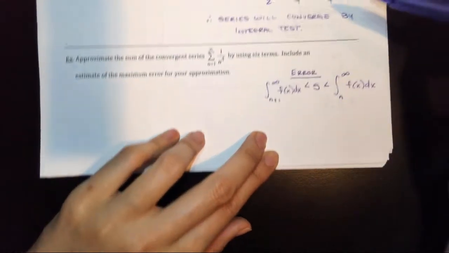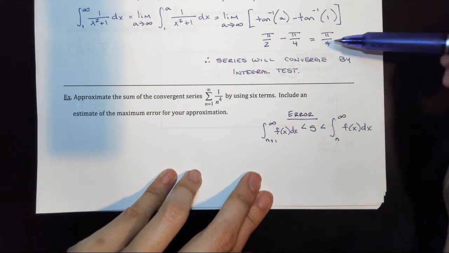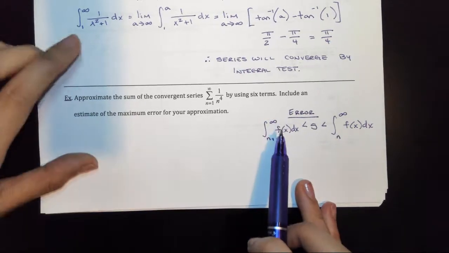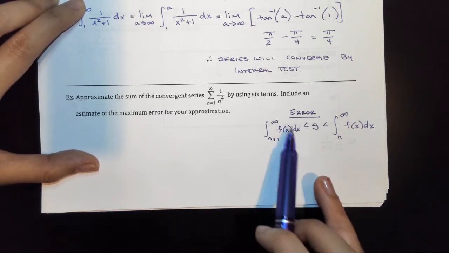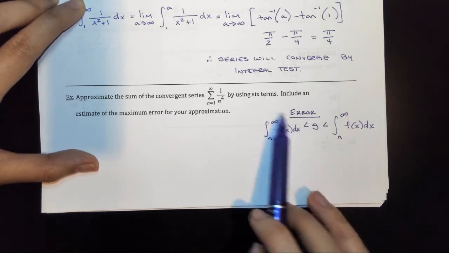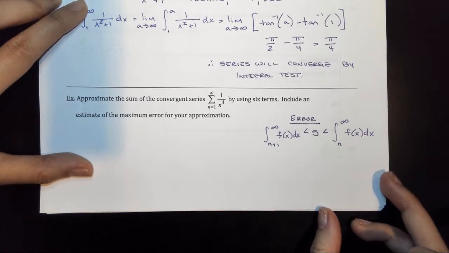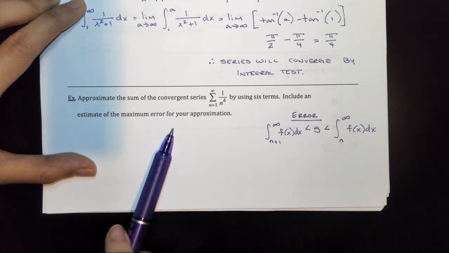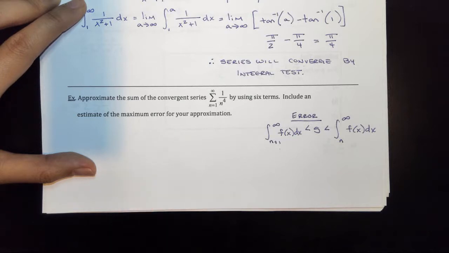So what this is saying is that the most this series will be is pi over 4. But if I wanted to find the lower bound, I would integrate from 2 to infinity, and whatever value I get would give me a lower bound. Okay? We're going to skip this for now, and we'll come back to error in a little bit.